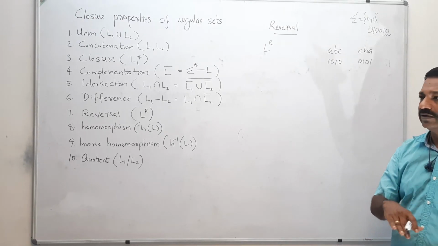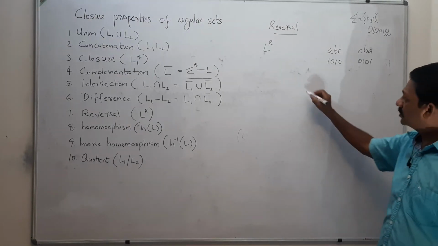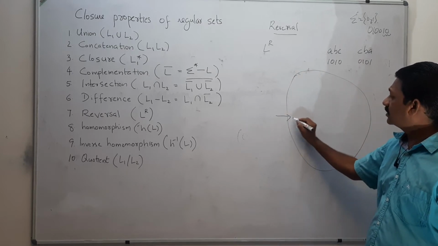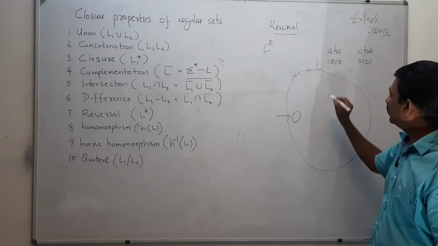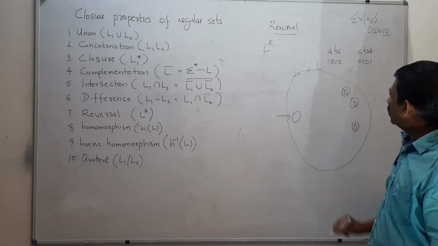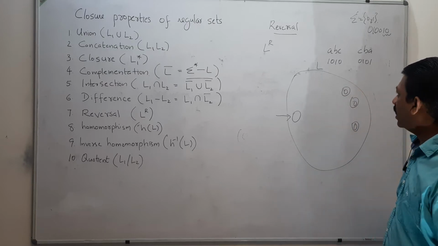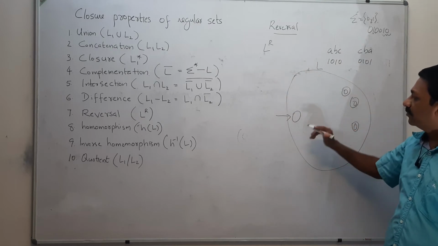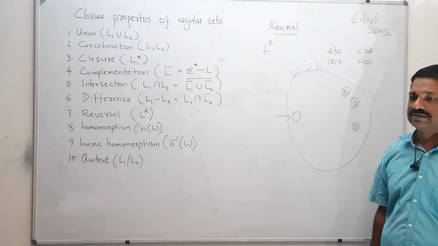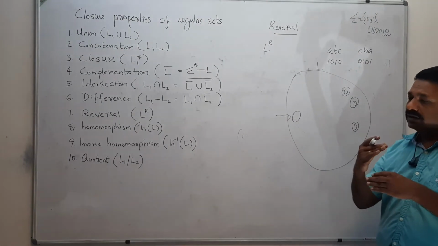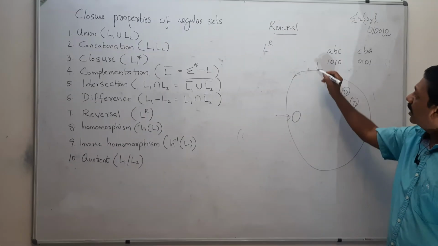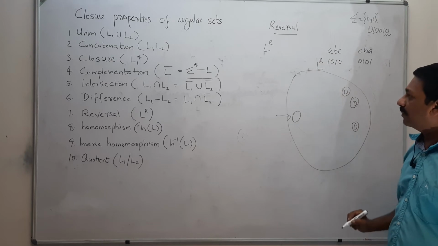Here, suppose that this is a finite automaton which is accepting the language L. Here you have a start state. Suppose that you have more than one final state, and if a valid string is accepted, from the start state it reaches any one of the final states. If it has to accept the reversal, that means if it has to accept L raised to R, what will happen?